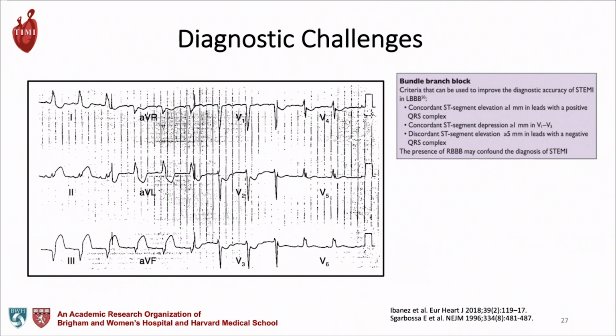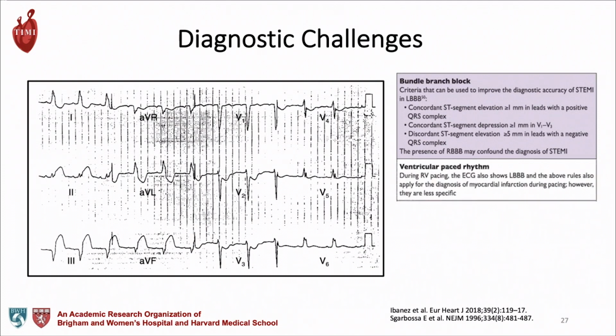Although Sgarbossa developed these criteria for bundle branch blocks, there are a couple other scenarios where this applies. So ventricular paced rhythms, where there's RV pacing, recapitulate a left bundle branch block. And so the same criteria can be used to look for myocardial ischemia.